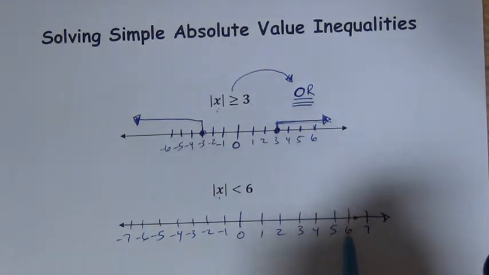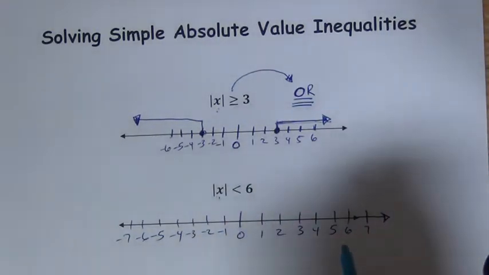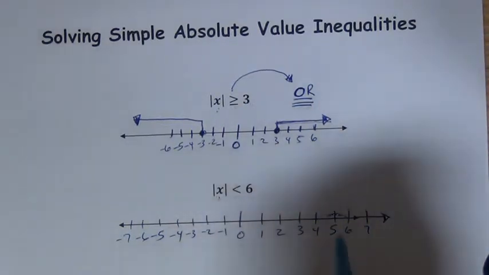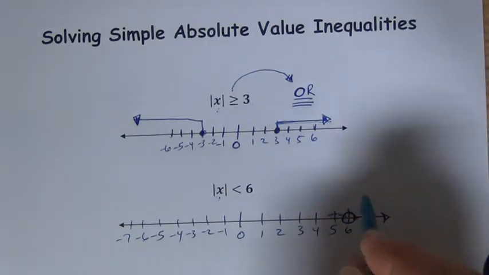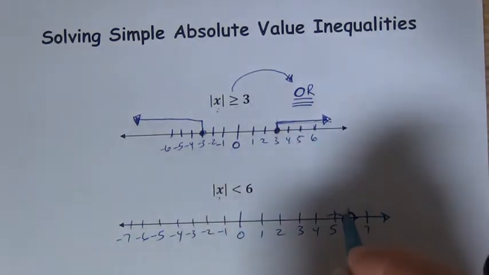If I plug in 6, the absolute value of 6 is 6. It's not smaller than 6. It's equal to 6. But I know these numbers on this side of 6, when I plug those in, like if I plug in 5, the absolute value of 5 is 5, and it is smaller than 6. So I can get really, really close to 6 without grabbing 6. So I'm going to use an open circle, which should make sense because I don't have that or equal to sign.